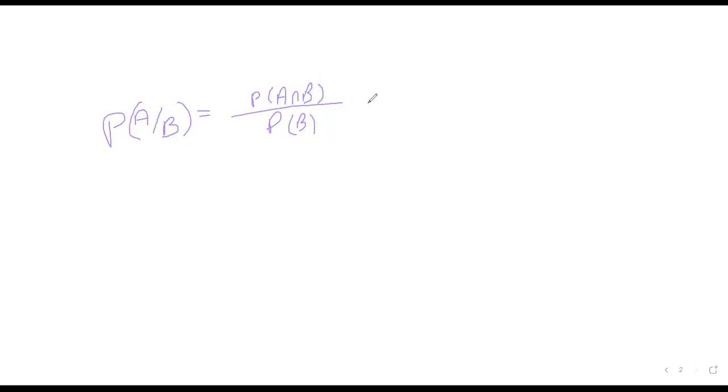Right. So can somebody try? Suppose we're upside down here. We have B given A. How do we expand this? I think it needs to be the probability of A downward.